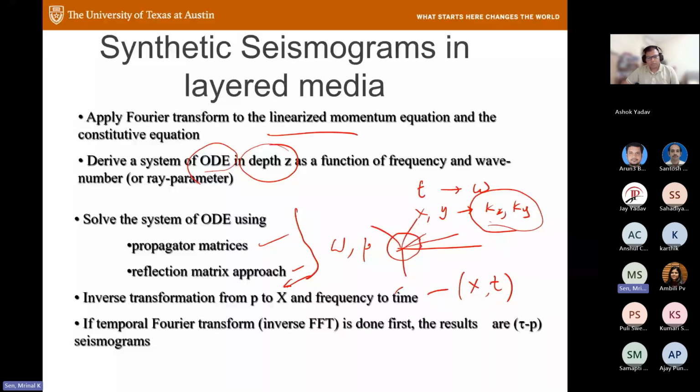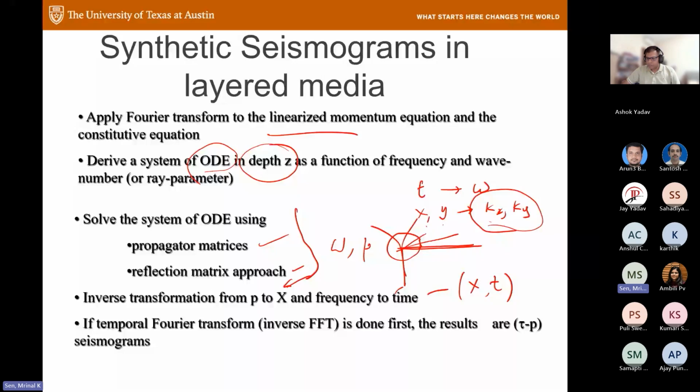This symmetry is valid for isotropic media and for VTI medium. It's not valid for general anisotropic media. For general anisotropic media, you have to actually take the transformation for kx and ky, but for isotropic and VTI medium, rather than using a Fourier transform, we use something called the Hankel transform, and I'll explain very briefly what that is.